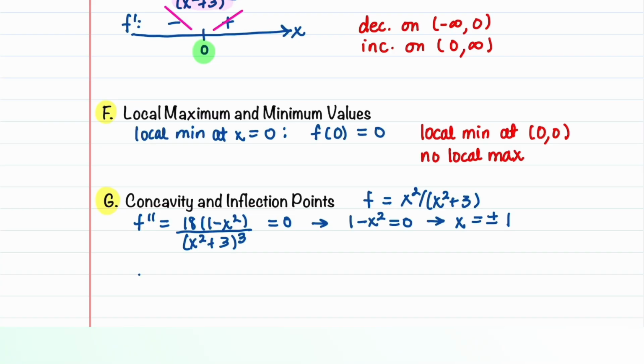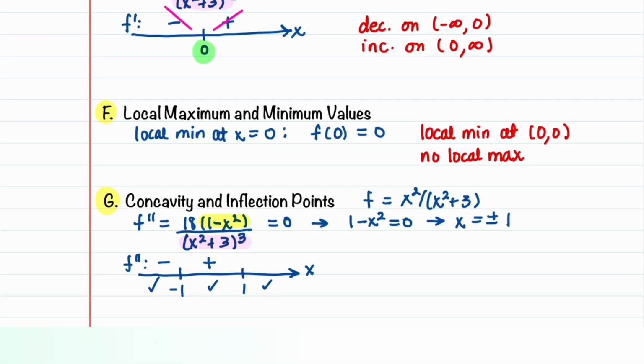Let's now go ahead and draw our number line. And now we're going to put 2 points on it, minus 1 and 1. And we are looking at the value of f double prime. Because our denominator is always positive, to find the value of f double prime, we really just have to look at this term right here and see if it's positive or negative. If we let x be in this region, say x is negative 2, then f double prime is going to be negative. In this region, we could say x is 0, so it's going to be positive.